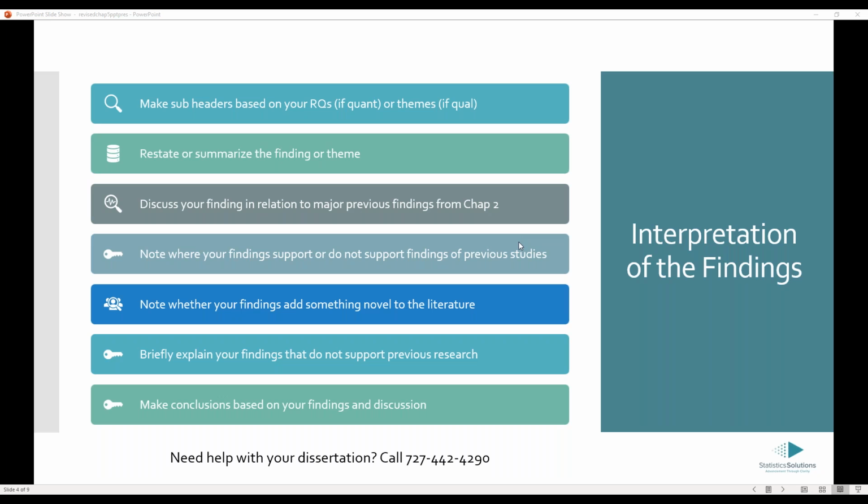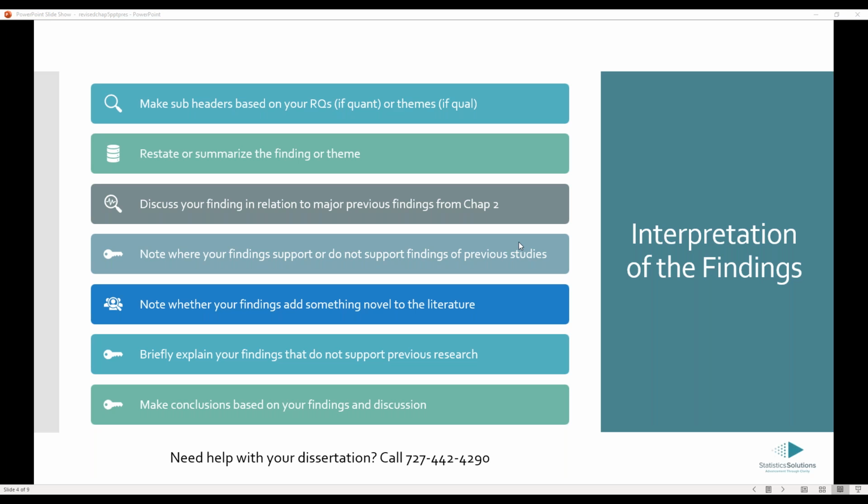The interpretation of the findings. This is really the core of the discussion chapter. When the term interpretation is used, it's not really your own interpretation, although it involves that a little bit. Really what you're doing here is setting up a discussion of how your findings relate to the findings of previous literature.